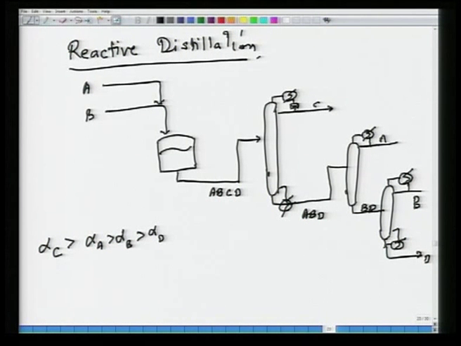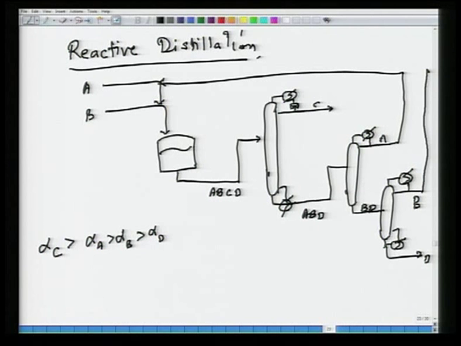It doesn't make sense to dump them. So A is recycled, mixed with the fresh A stream. B is also recycled. So I go this way and I go this way.